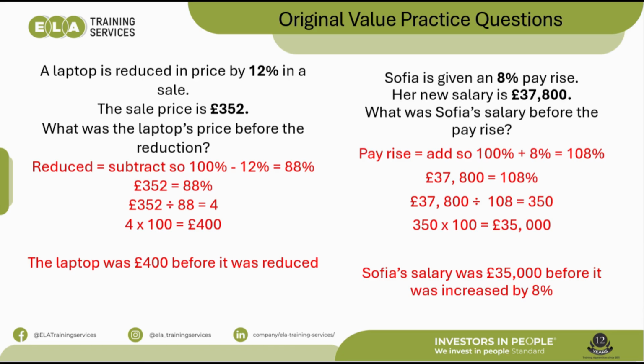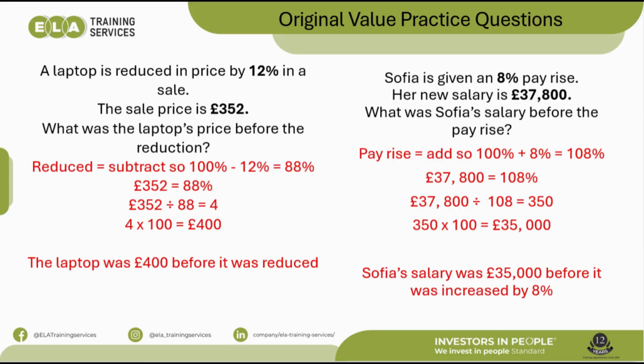Let's look at the next example. Sophia is given an 8% pay rise. Her new salary is £37,800. What was Sophia's salary before the pay rise? Here pay rise means add, so we do 100% add 8% equals 108%. Then we write the amount and what percentage it is equal to, so £37,800 equals 108%.